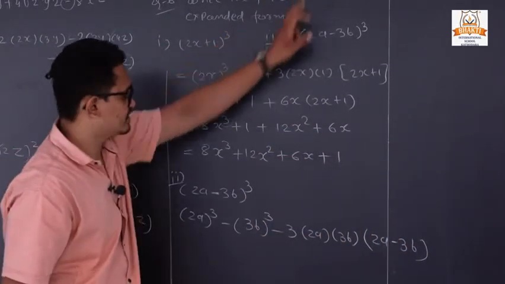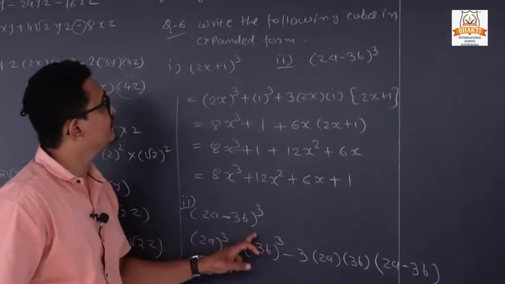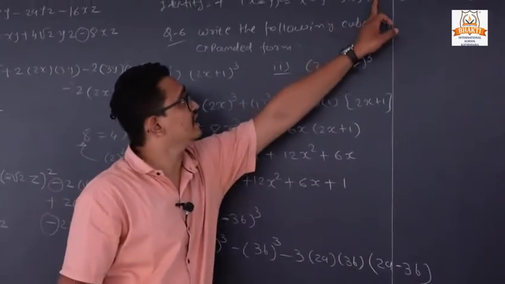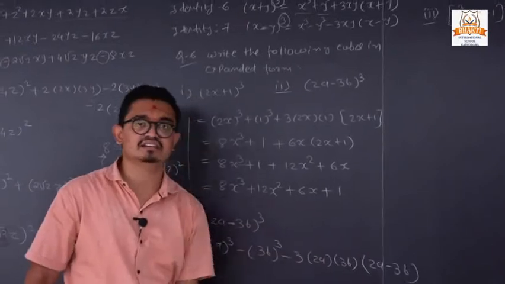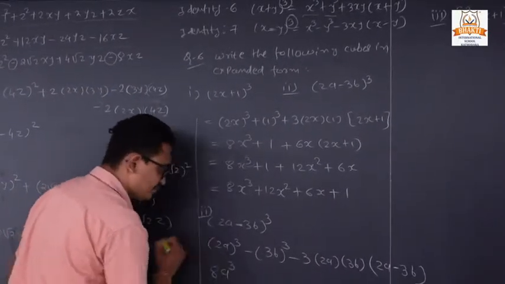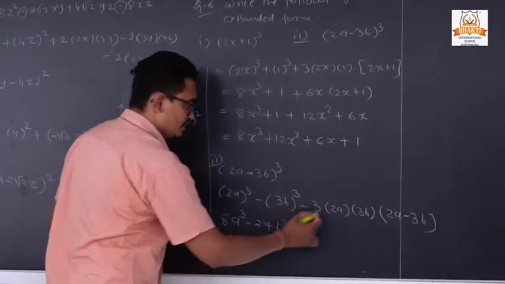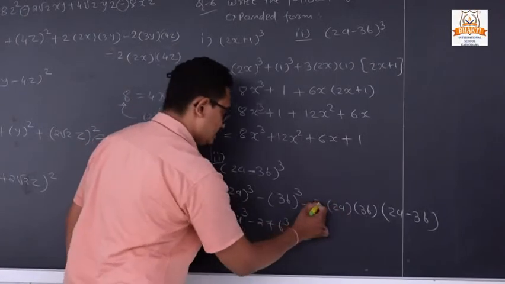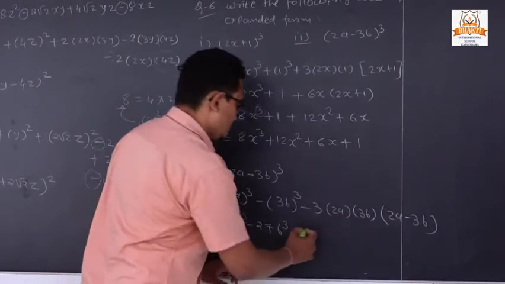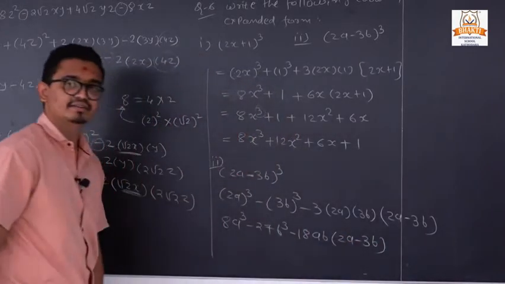In this identity x cube minus y cube, because we have 3b here, then 3xy, so 3 into x into y, then x minus y in bracket. So 2 cube is 8a cube, 3 cube 27b cube, 3 2s are 6, 6 3s are 18, ab in bracket 2a minus 3b.